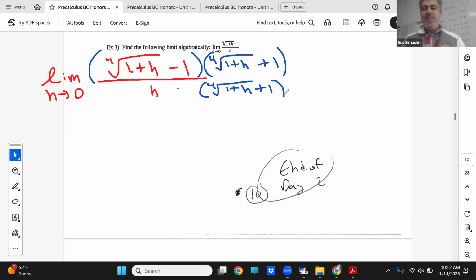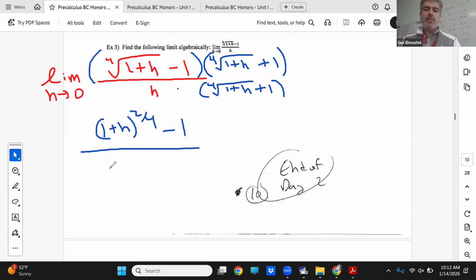Okay. If I do this, definitely the radicals go way up top, right? I wind up getting 1 plus h raised to the 2/4 power, which is just square root, of course, right?